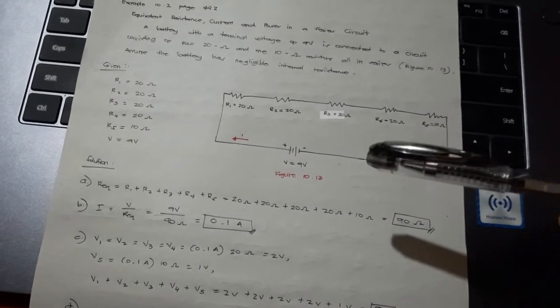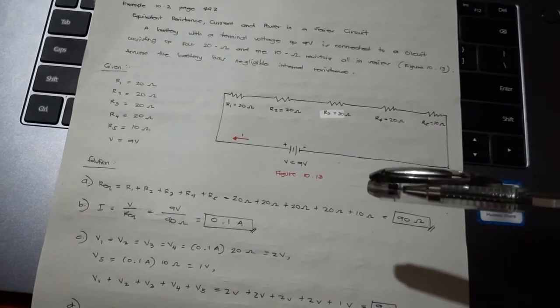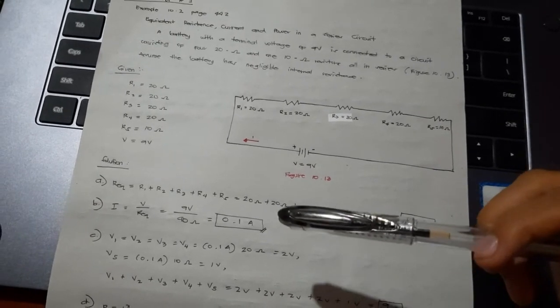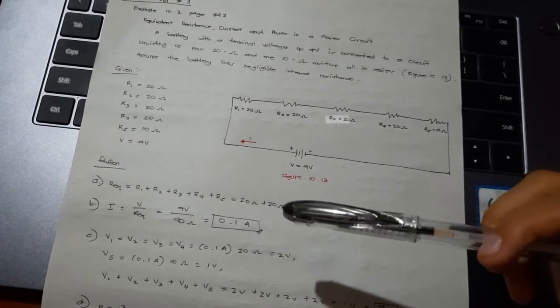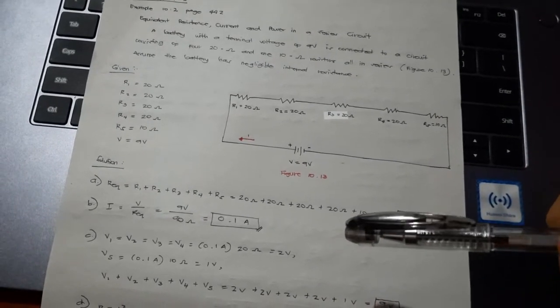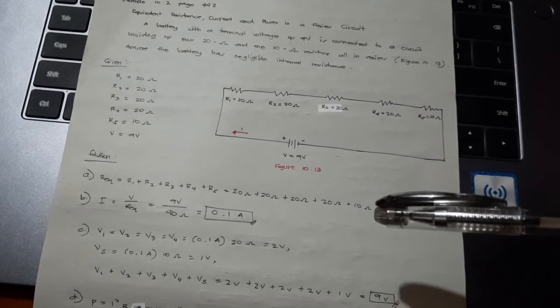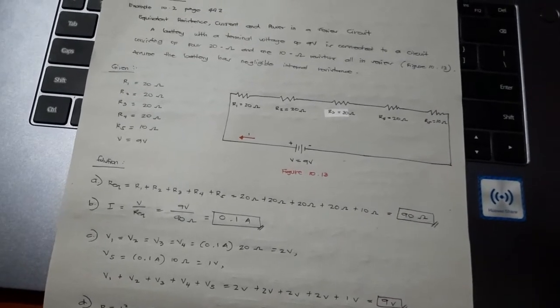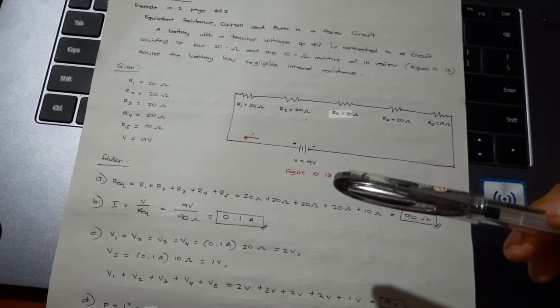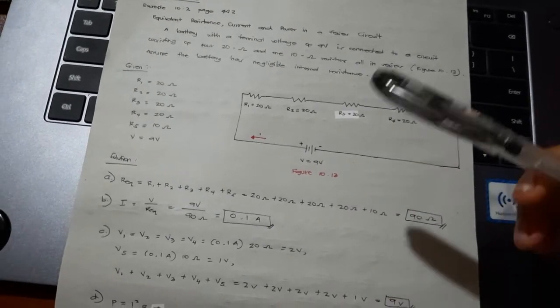The power dissipated by each resistor can be found using P is equals to I squared R, and the total power dissipated by the resistors is equal to the sum of the power dissipated by each resistor. So the power supplied by the battery can be found using P is equals to I E.